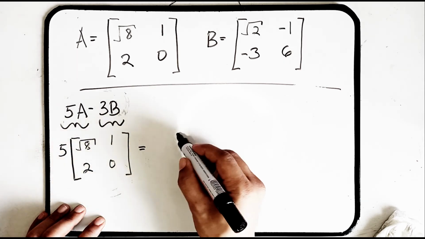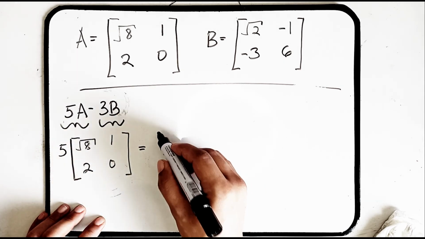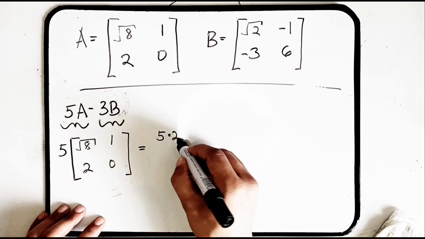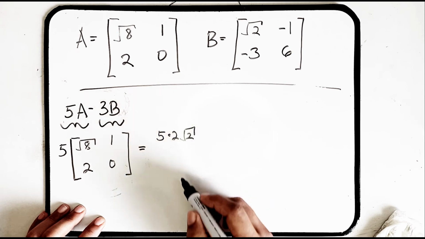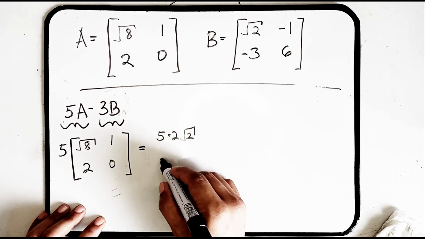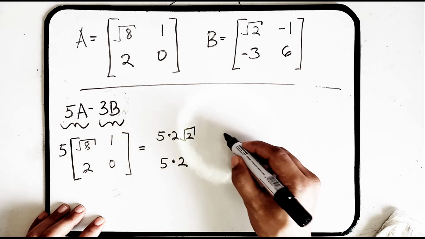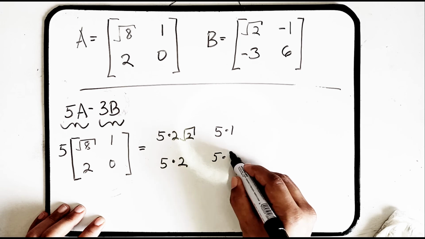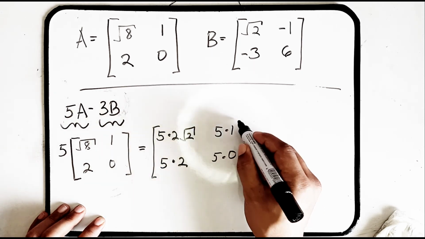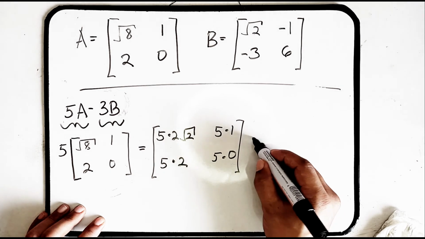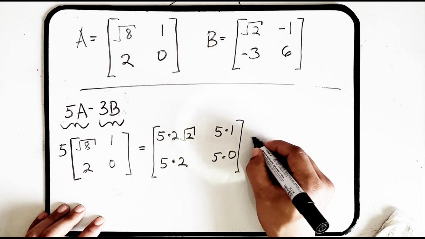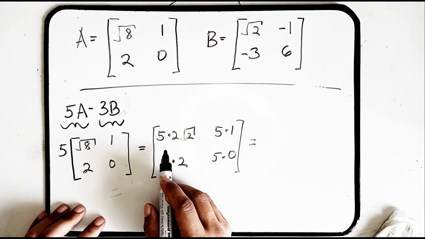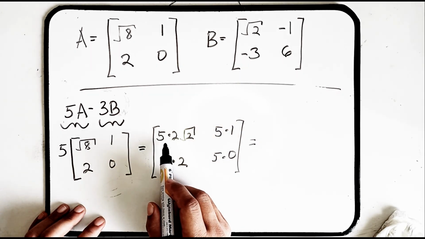So to do this, 5 times 8, 5 times 2. So we have here 5, 2, square root of 2, and then 5 times 2, 5 times 1, 5 times 0. And then 5 times 2. This becomes what?